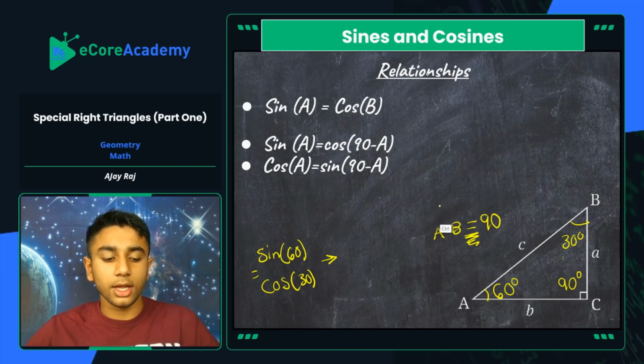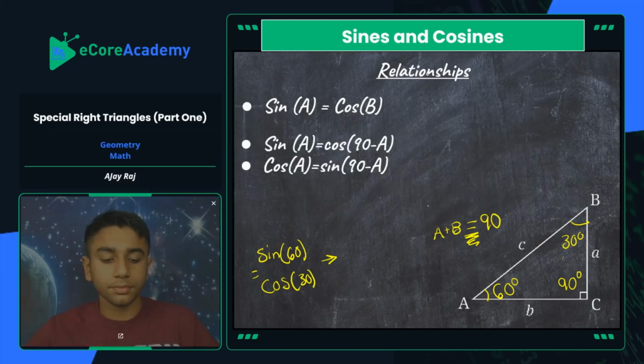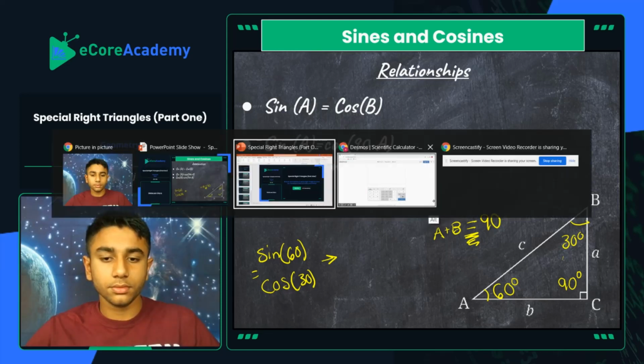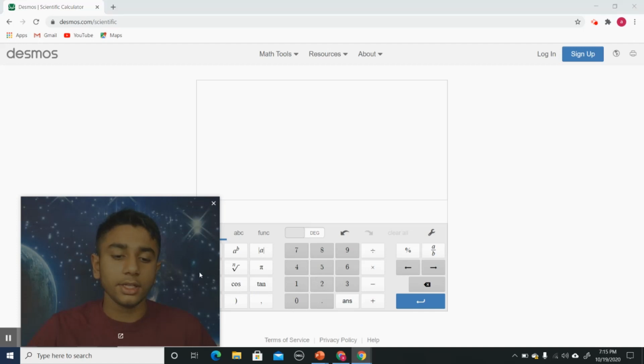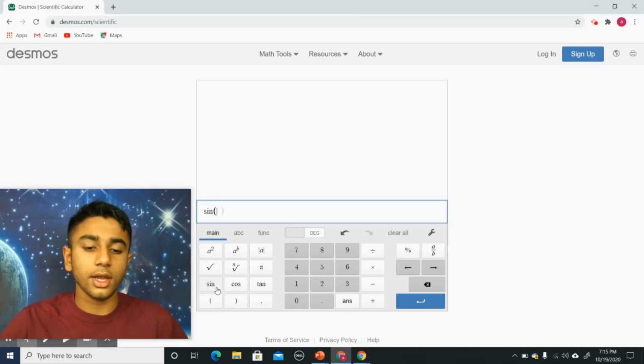Let me switch to my calculator real quick. So we're looking at this calculator here, right? And I said sine of 60, correct? So we have sine of 60, and that equals 0.866. We'll round that off at 0.866.